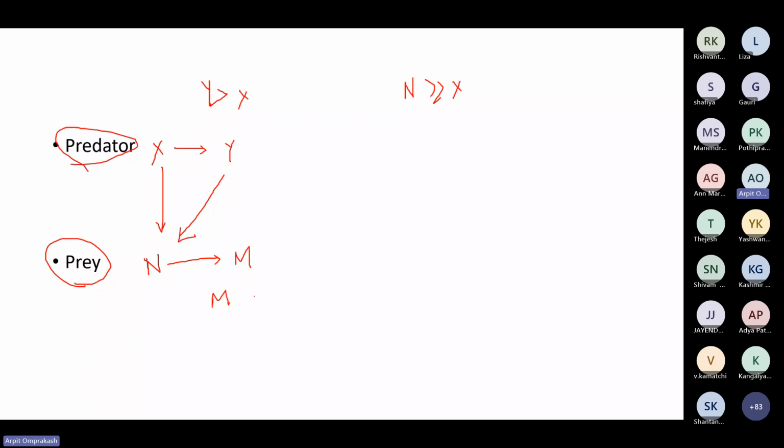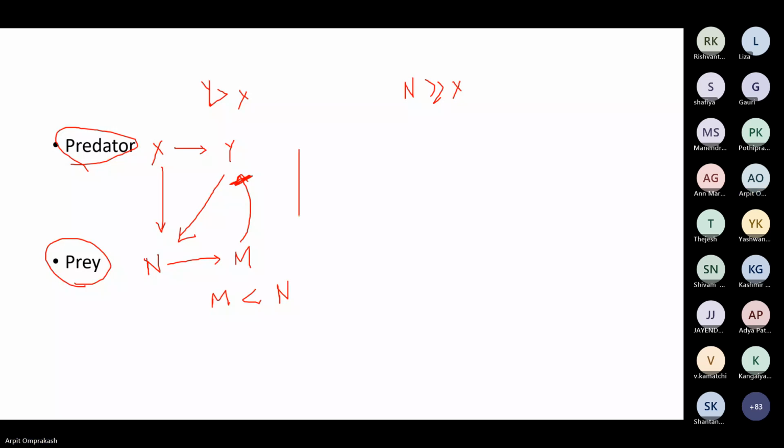M here is less than N. The population of prey decreases, and this causes a decrease in the population of predator, because they don't have enough food anymore to survive, and the predators tend to die.